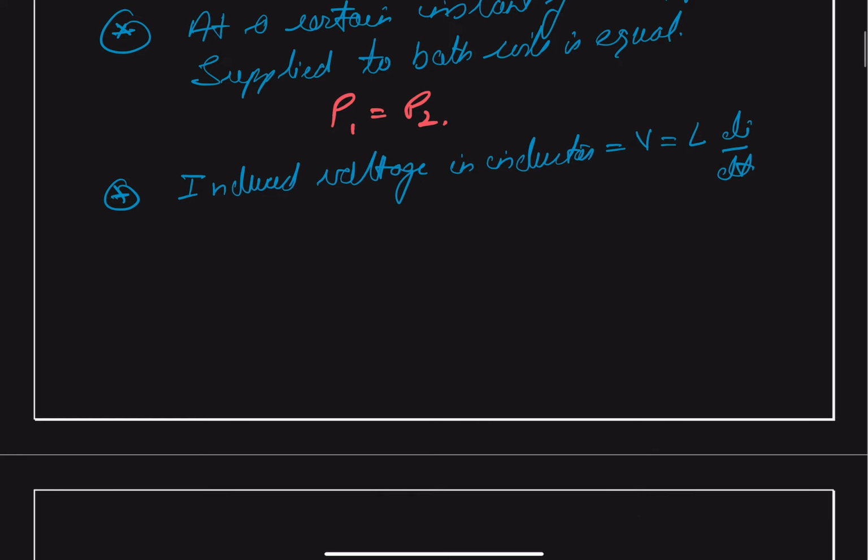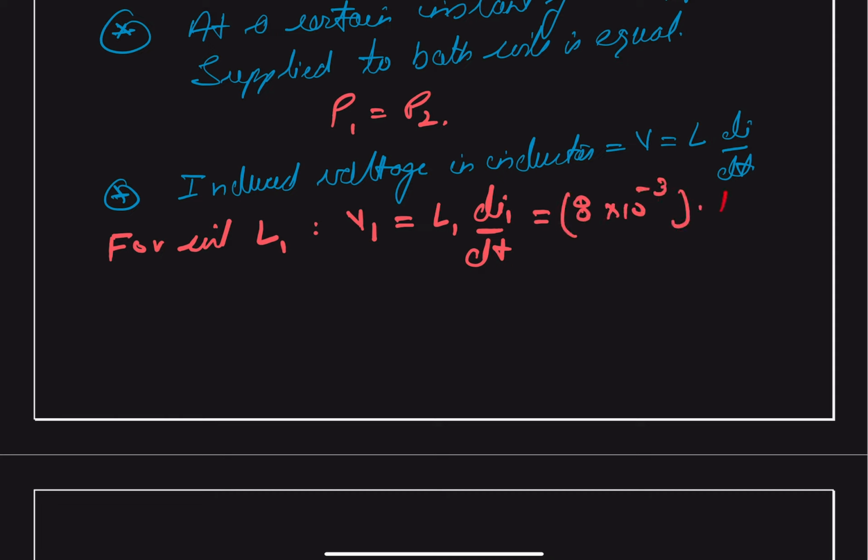We can write this formula for both coils. For coil L1, V1 is equal to L1 di1/dt, and we assumed that di1/dt is equal to k, and L1 is given as 8 millihenry, so this will be 8 times 10 to the power minus 3 multiplied by k.